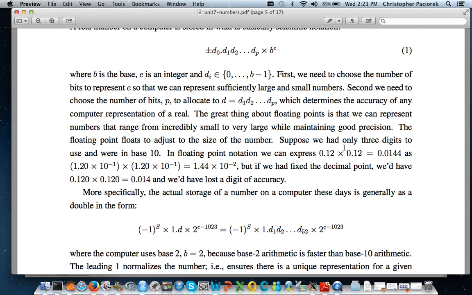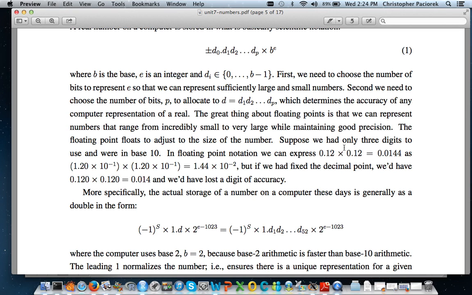Then I could multiply these two numbers together, and I'm going to get 0.0144. But if I'm working with a fixed number of decimal places after the decimal point, I don't have this second 4. All I have is the 0, the 1, and the 4. So I've multiplied two numbers that I could represent exactly in 3 decimal places, but as soon as I do the multiplication, I've lost accuracy because I lose that second 4.